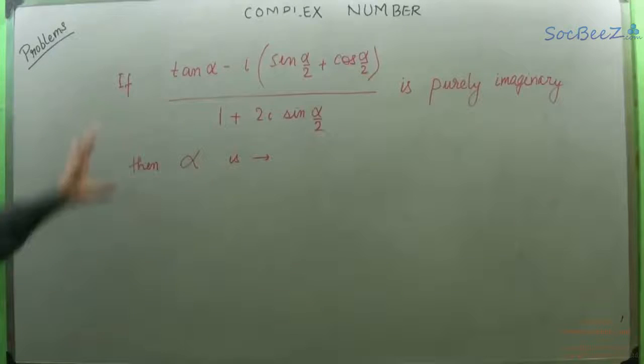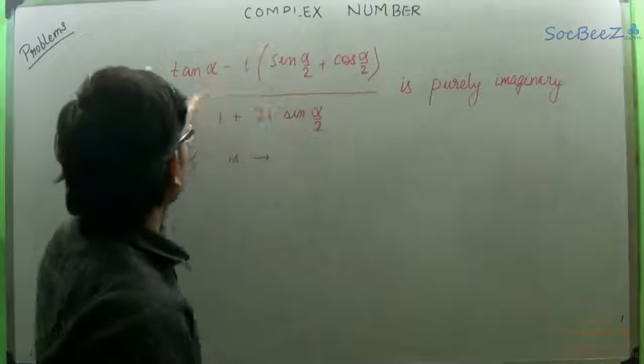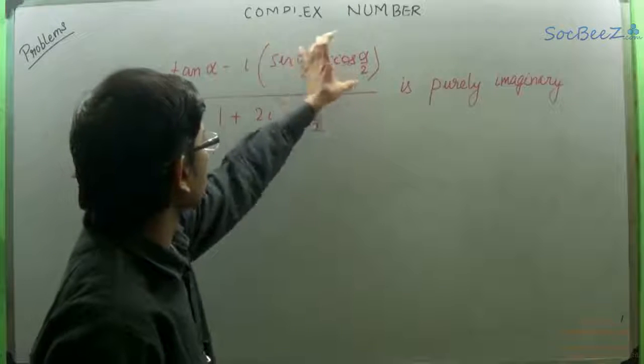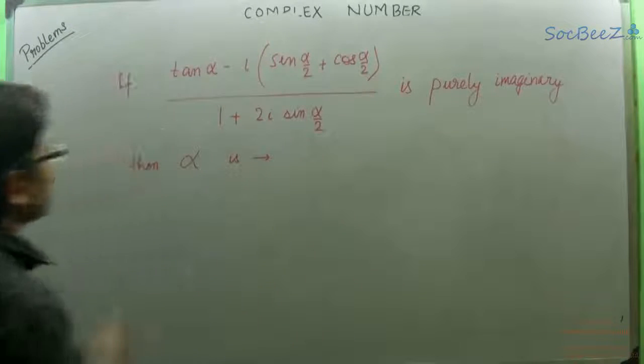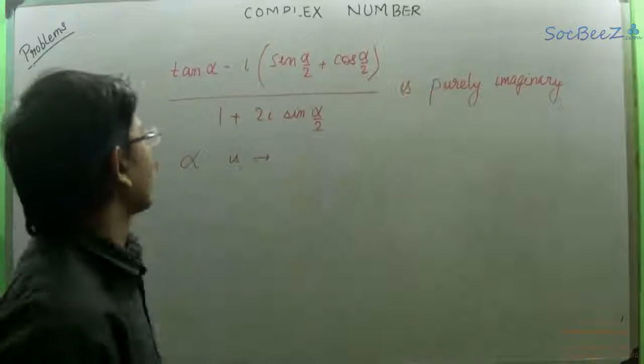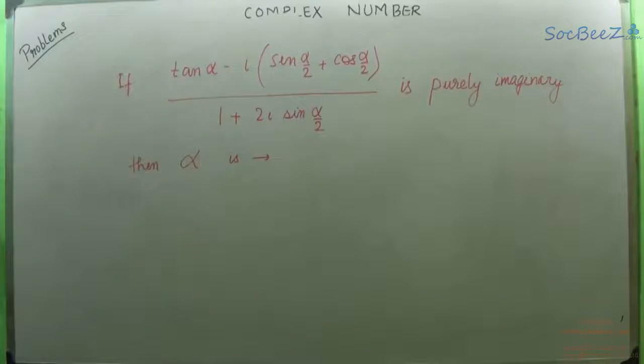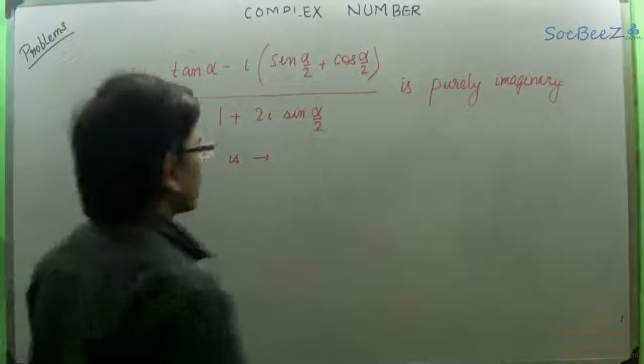So we have a complex number, tan alpha minus i times sin alpha by 2 plus cos alpha by 2 upon 1 plus 2i times sin alpha by 2. This complex number is purely imaginary. So we have to find the value of alpha for which this complex number is purely imaginary.